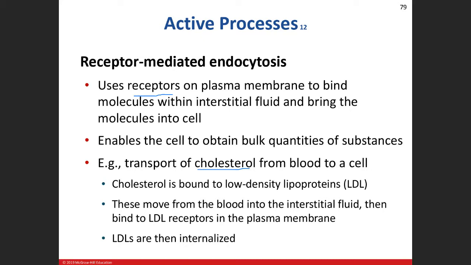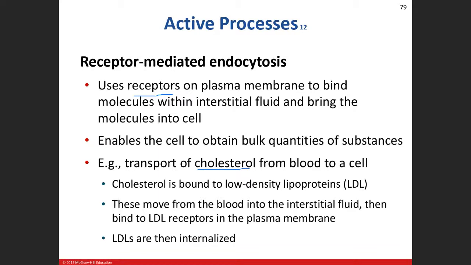And what happens is these cells will have specific receptors for these LDLs because the cell wants to internalize those lipoproteins. It might need the cholesterol for some sort of function. Maybe it's a cell that is going to make hormones, because cholesterol is one of the ingredients for our hormones. And as we recall earlier on in this chapter, cholesterol is also important for our plasma membrane.